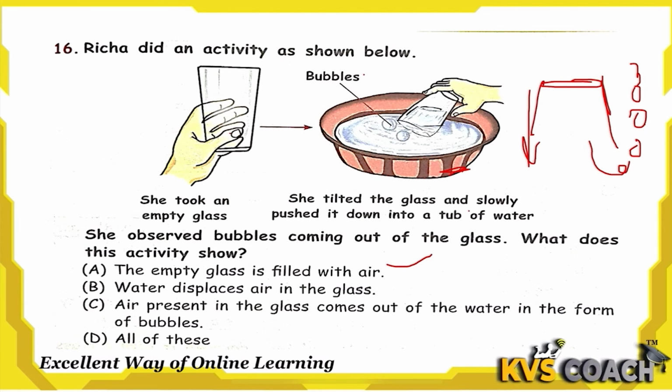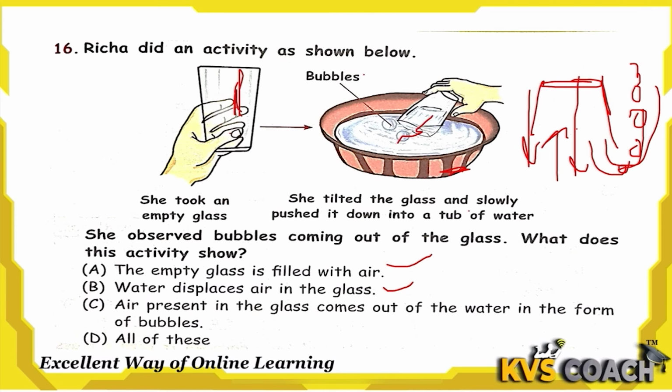Yes, the bubbles are coming out of air. It means the glass was having air. When we push it down into the water, then water is filling in the glass, so air is coming out in the form of bubbles. Option B, water displaced air in the glass. Yes, water was displacing air because here the air was present.